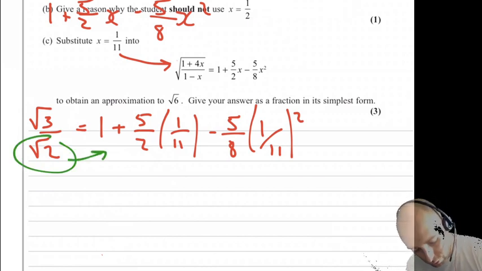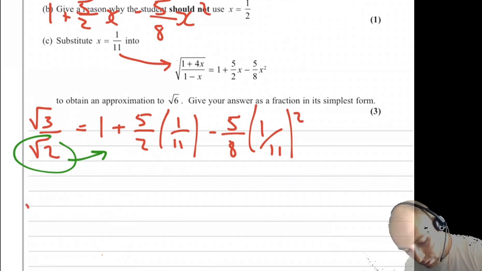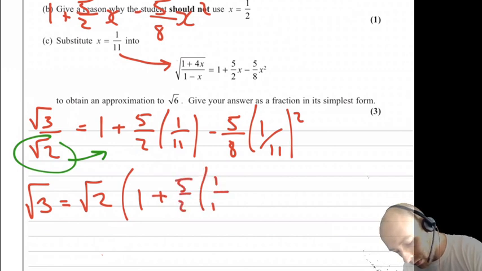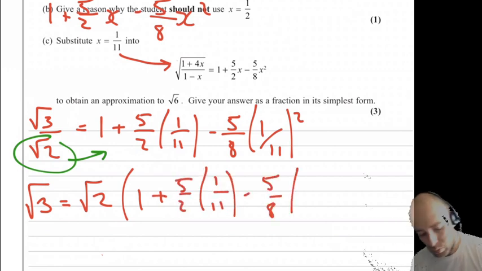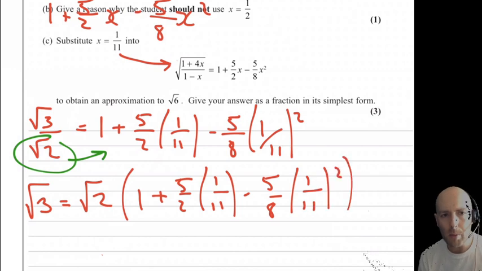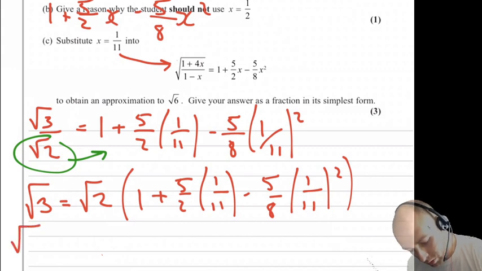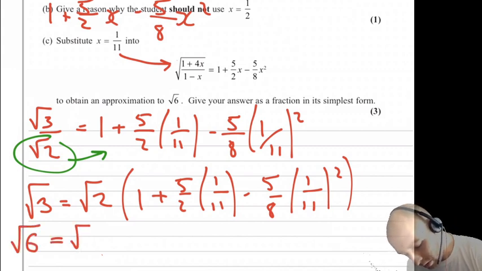So we can say root 3 is root 2 times all that. But I want root 6. How can I turn root 3 into root 6? Well, I can times it by root 2 again. So root 6 will be root 2 times root 2 times all this stuff.